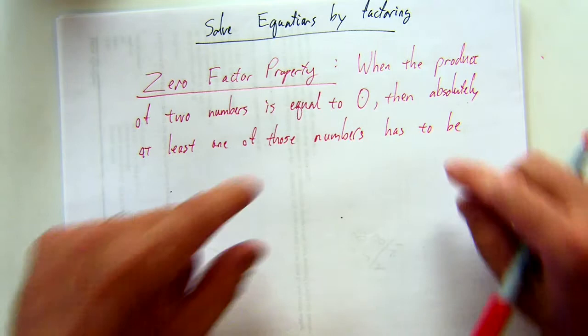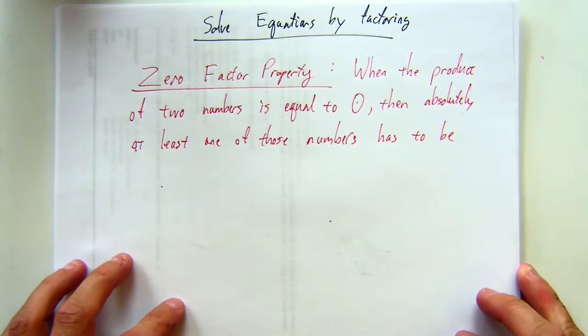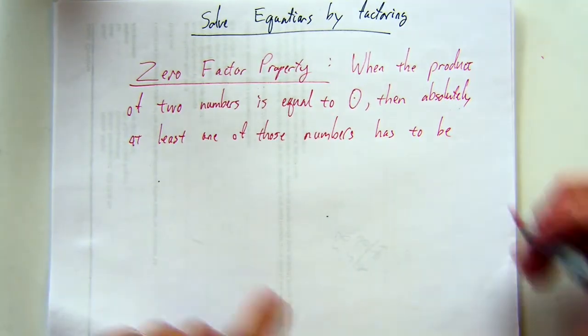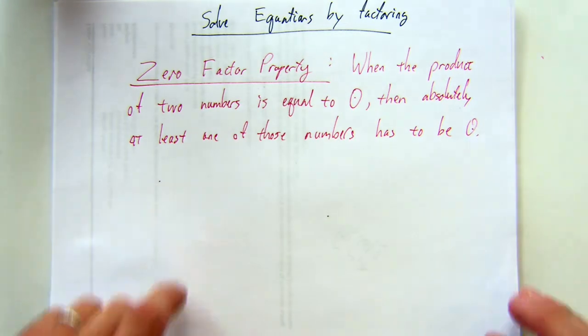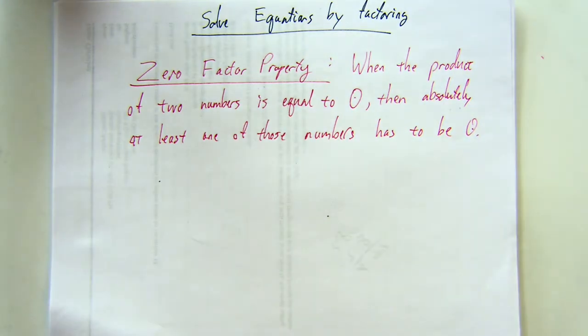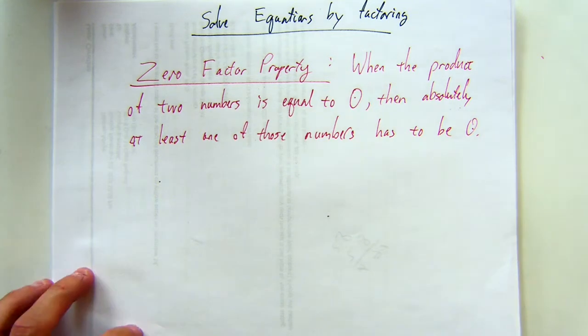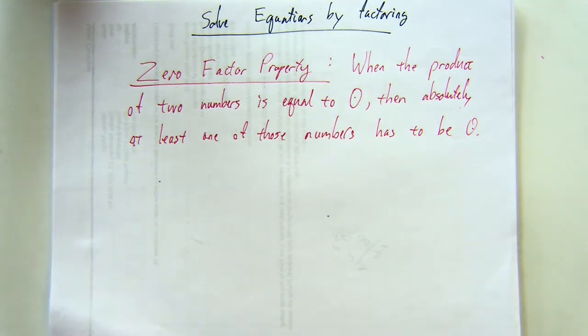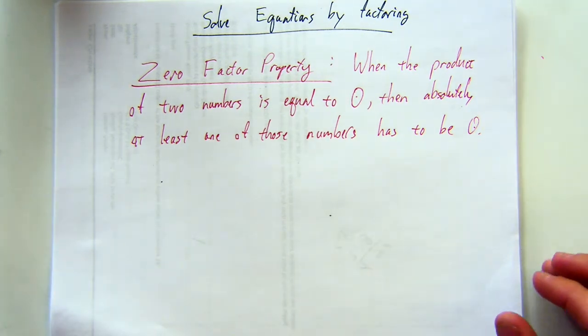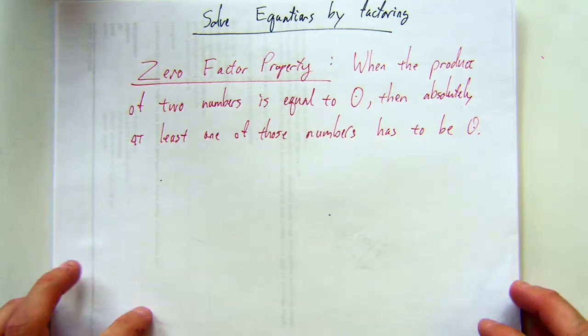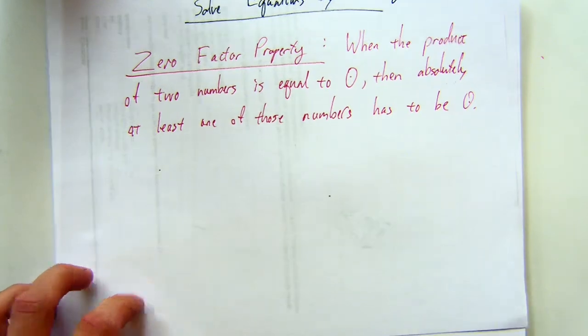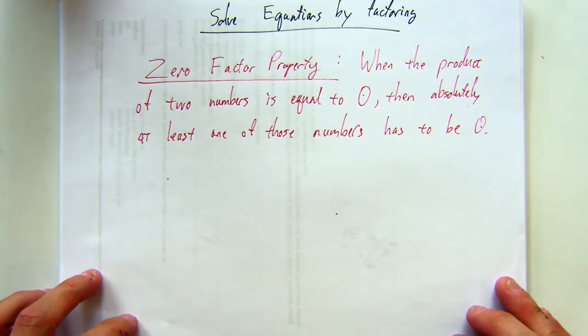If I got two numbers that are multiplied to be 0, then at least one of those numbers has to be 0. Because you cannot multiply any two numbers and get 0 unless one of those numbers is 0. You can't pick two non-zero numbers, multiply them, and get 0. The only way you can get 0 by multiplying is by multiplying it by 0 itself.